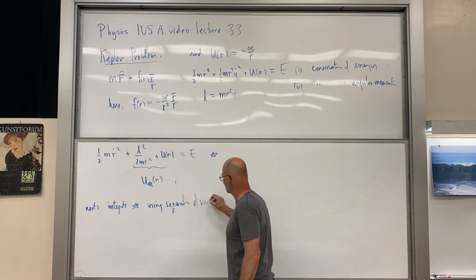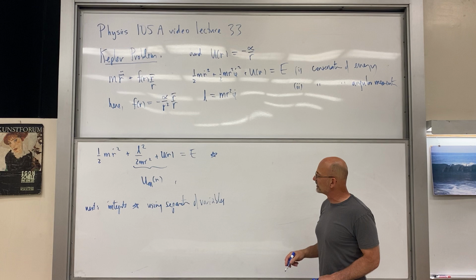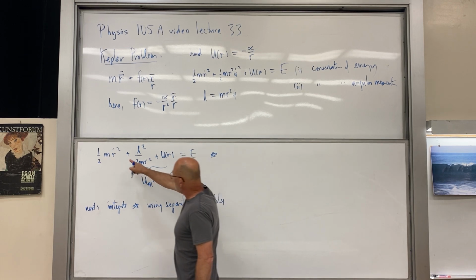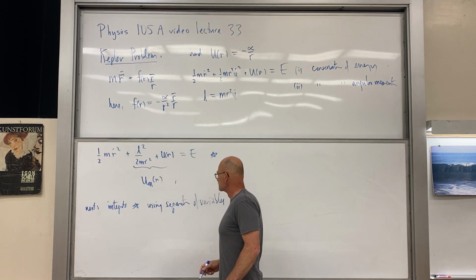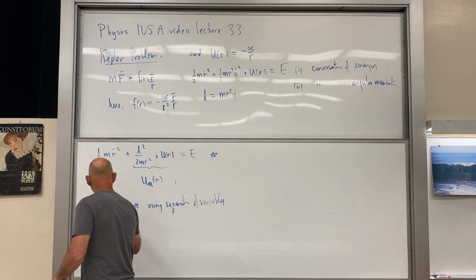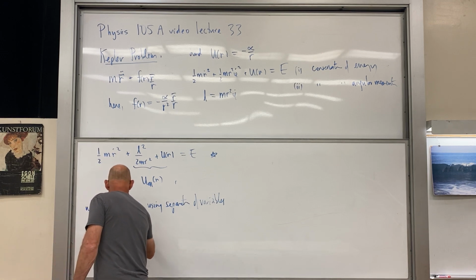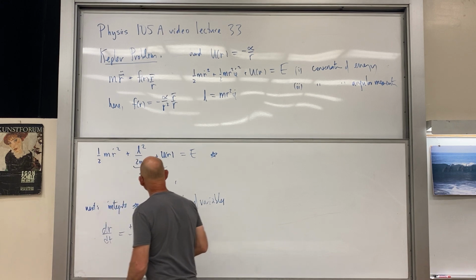Okay, we're going to use separation of variables here, and there's our dr dt. So let's go ahead and write it in two steps. dr dt will be plus or minus a square root.